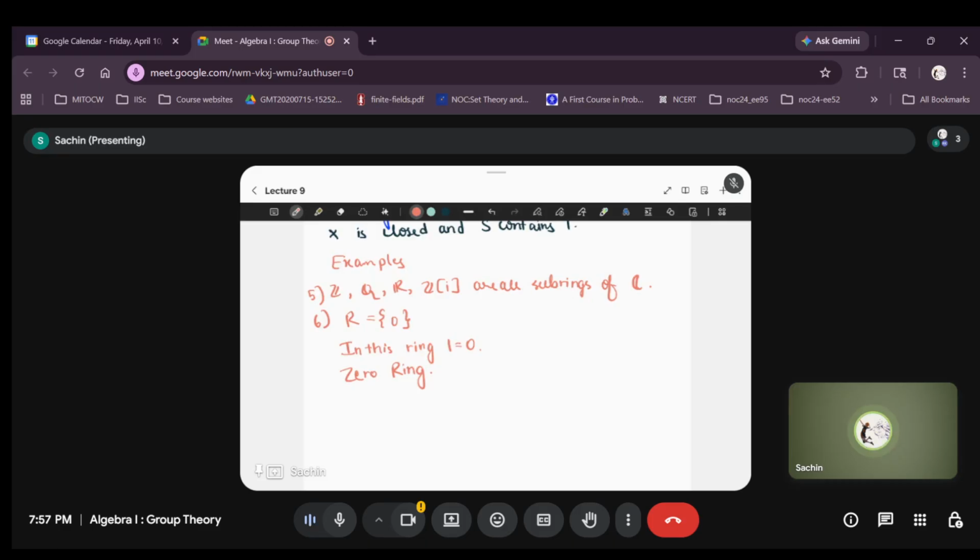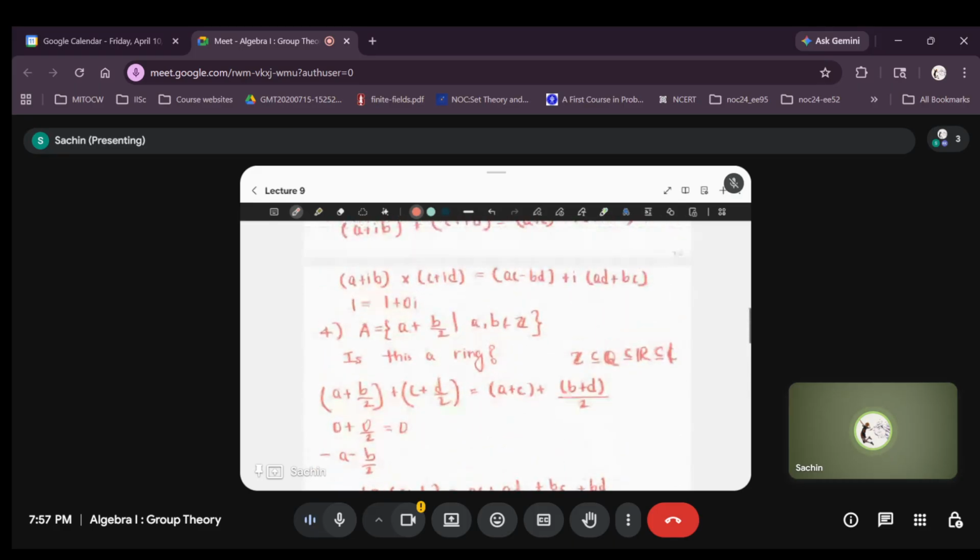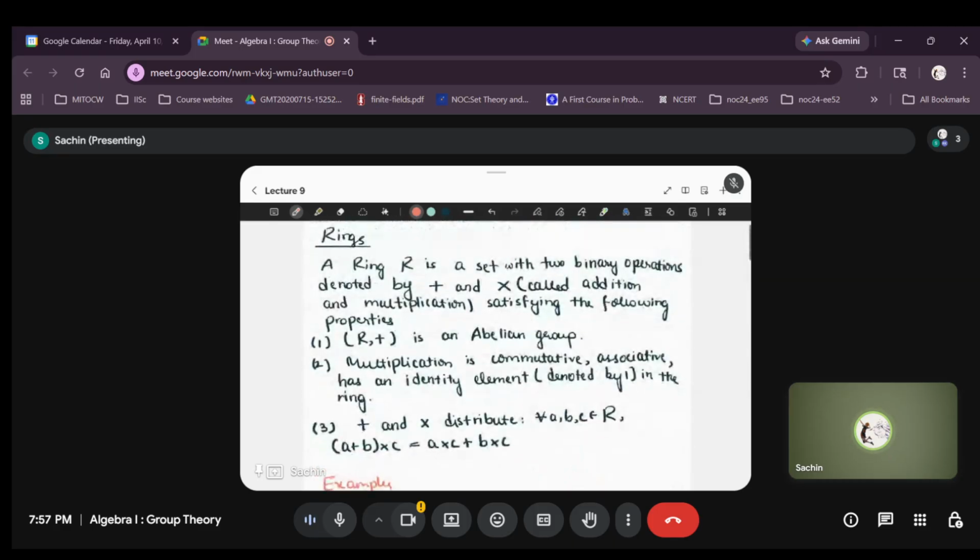So you are allowed to have a ring in which, the definition doesn't say that the multiplicative identity has to be different from the additive identity.